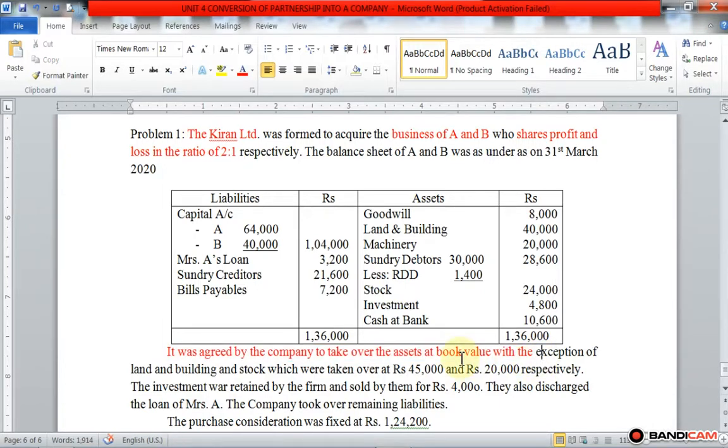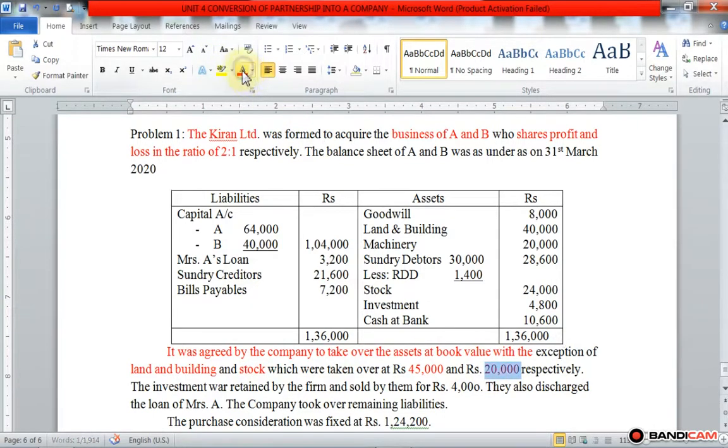It means land and building and stock are taken over at an agreed price. Land and building is taken over by Kiran company limited at rupees 45,000, and stock was taken over by Kiran company limited for rupees 20,000.